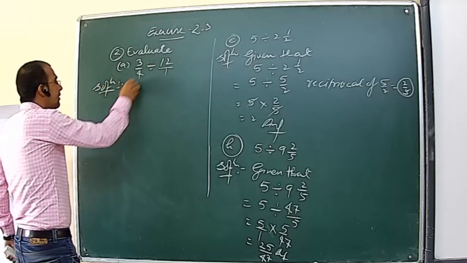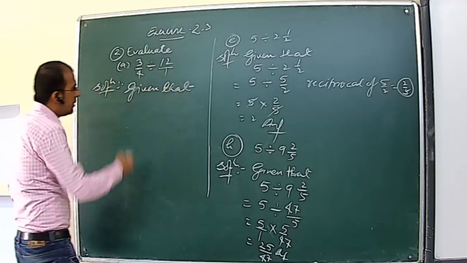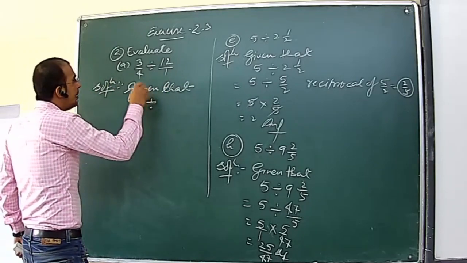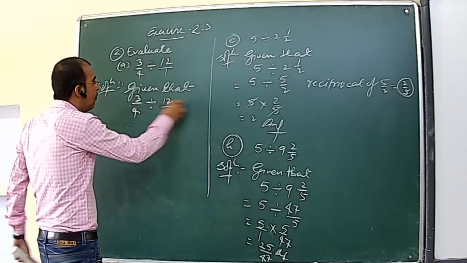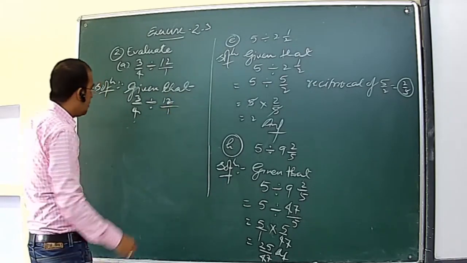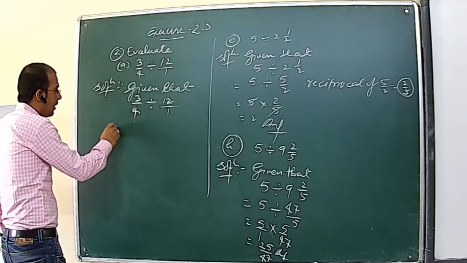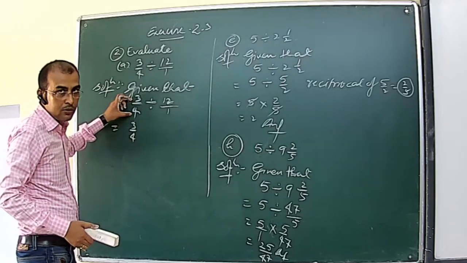We can see, given that 3 by 4 divided by 12, and 12 can be written in the form of the fraction 12 divided by 1. Is it clear? Now we can write 3 by 4 is a dividend, it cannot change.